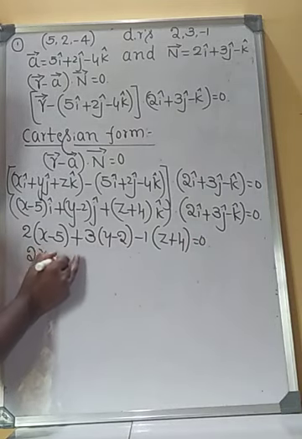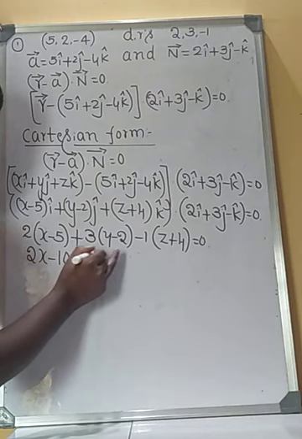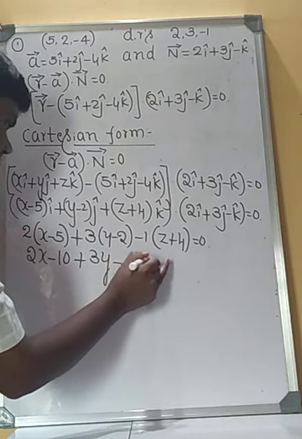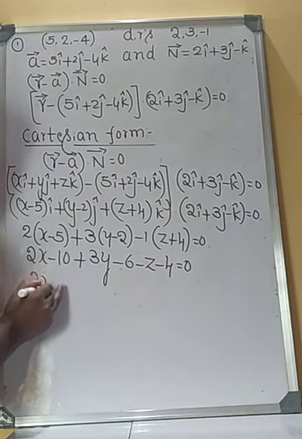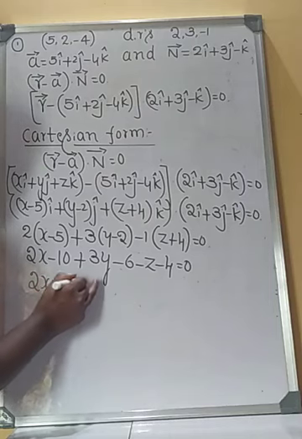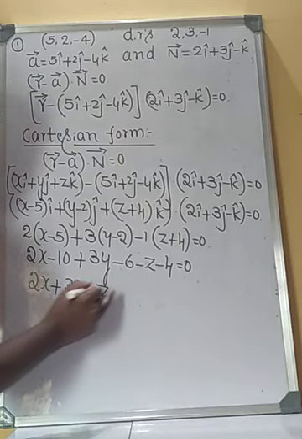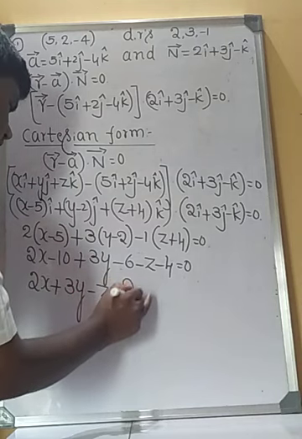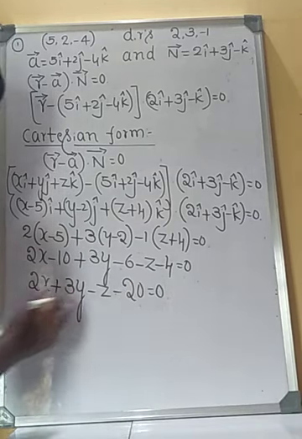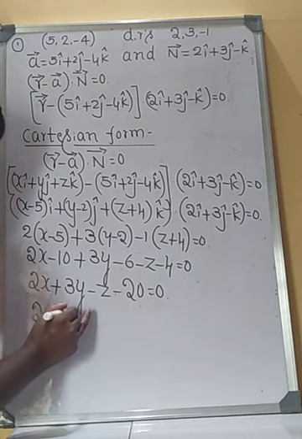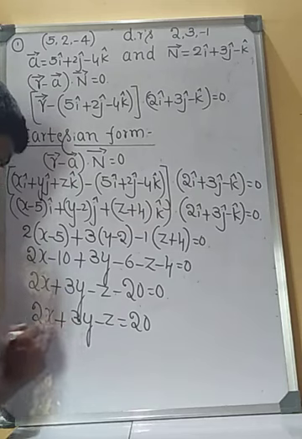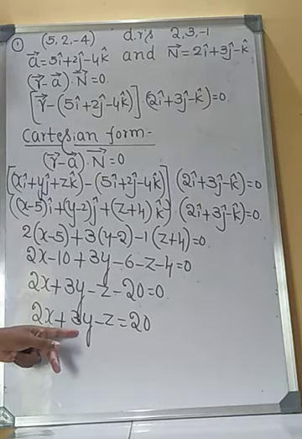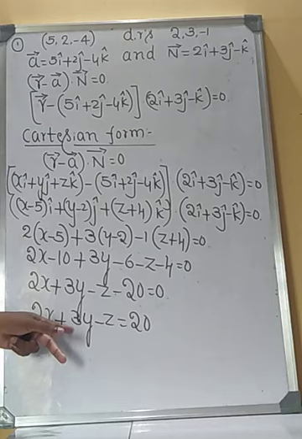Therefore 2x minus 10 plus 3y minus 6 minus z minus 4 equal to 0. Therefore 2x plus 3y minus z minus 20 equal to 0. Therefore 2x plus 3y minus z is equal to 20. So this is the Cartesian form of equation of a plane.